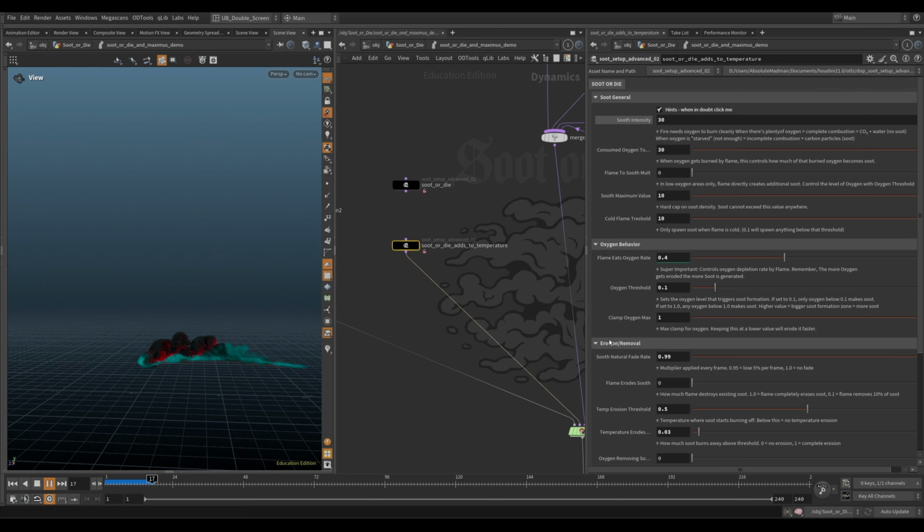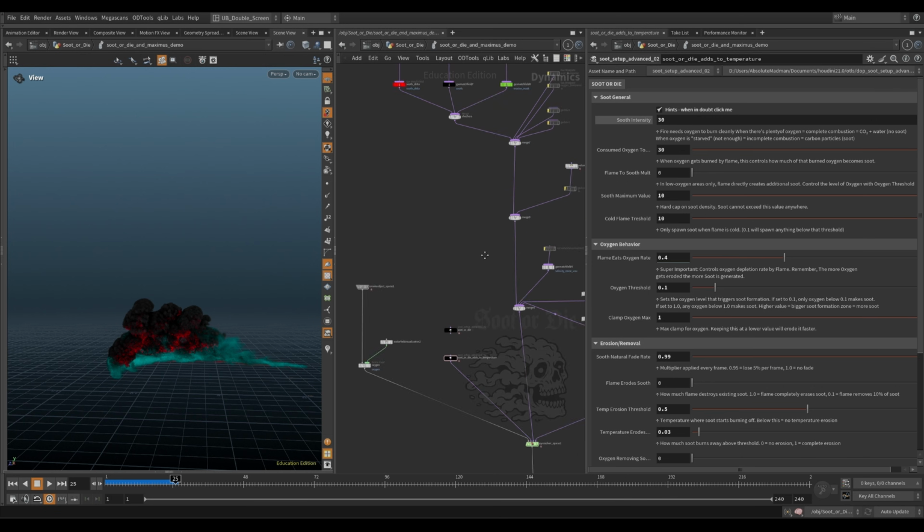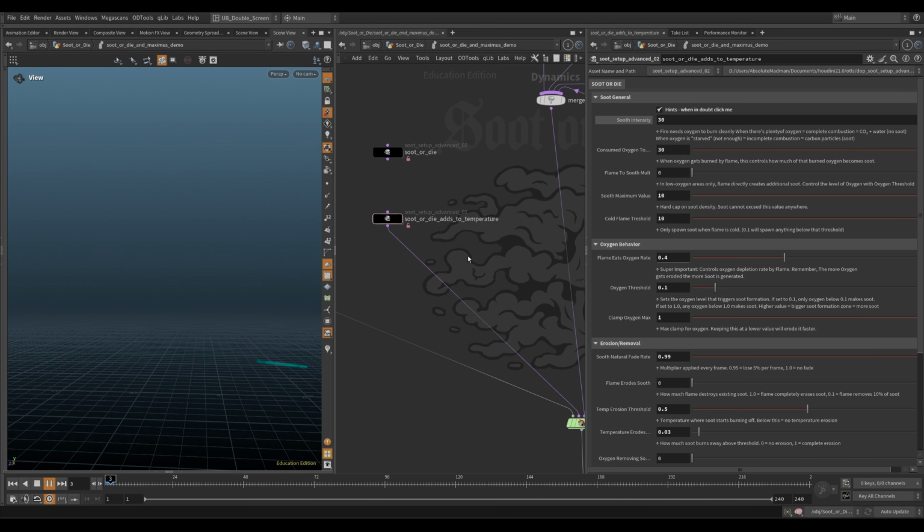This also means if you have less oxygen, now the erosion is going to be happening faster, right? So less oxygen means that when there's just a tiny bit of flame or temperature, because we don't have a lot of oxygen to begin with, because we're clamping it to 1, it's eroding it faster, and we're going to start getting faster Soot.